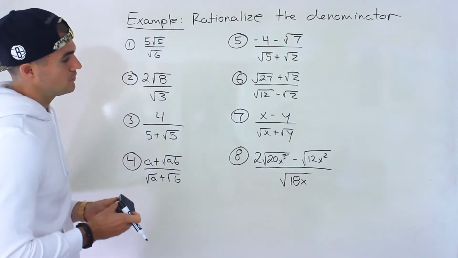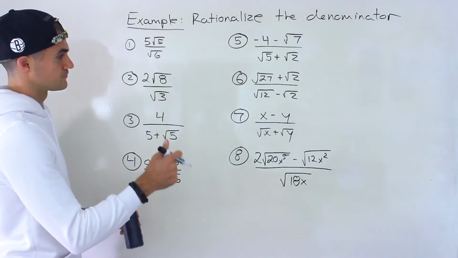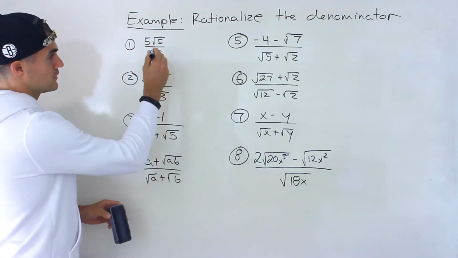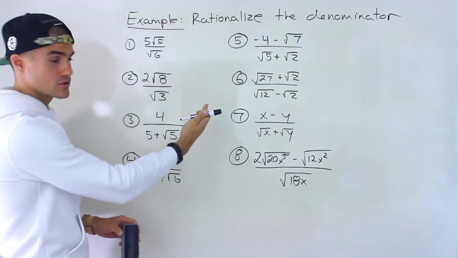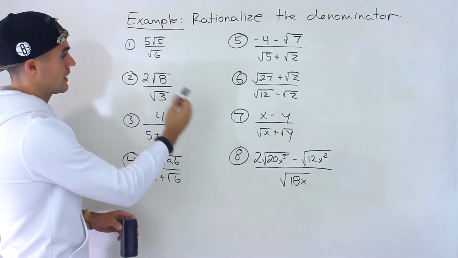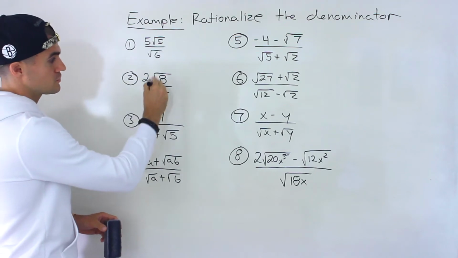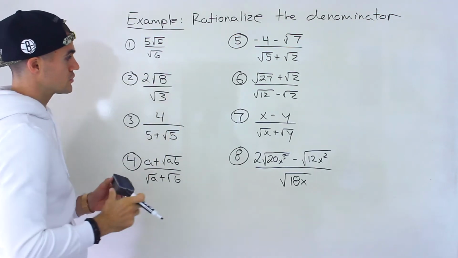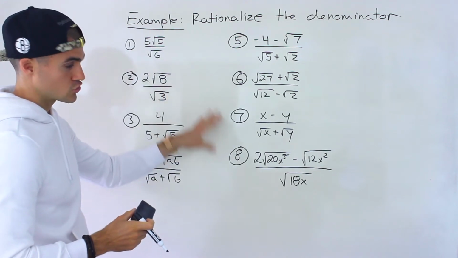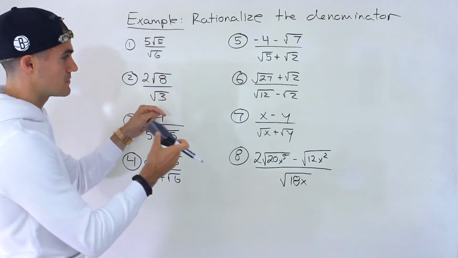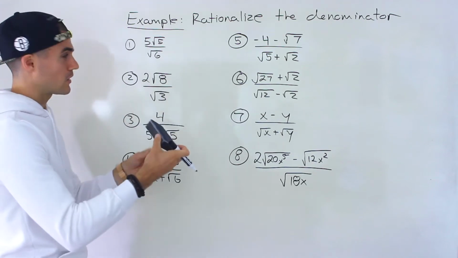What I actually recommend doing is as I go through these, maybe pause the video, try number 1 yourself, see what you get, then watch the solution. And then pause it, try number 2, watch the solution. Maybe don't do them all at once, pausing it at the beginning and trying them all at once, because there may be some mistakes you make that carry over.